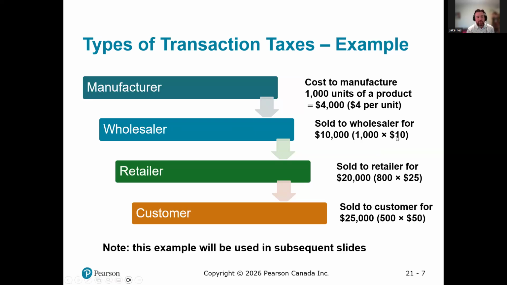So the price would go from $10 to say $11 to account for the additional sales tax. The retailer pays the $11 and then they'll apply their profit margin, so their price goes from 25 to 27. The customer eventually buys it for 50, but to account for the additional taxes, perhaps the cost base is now 55, and now they're paying taxes on 55 instead of 50.